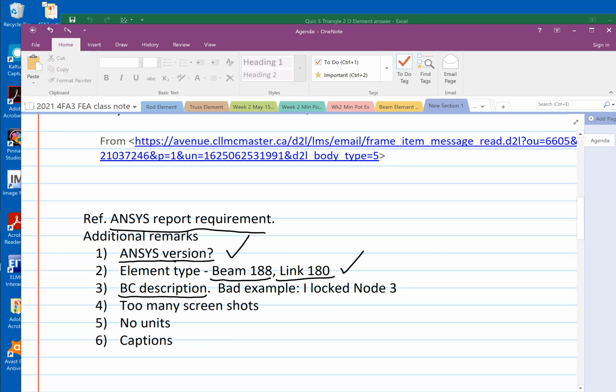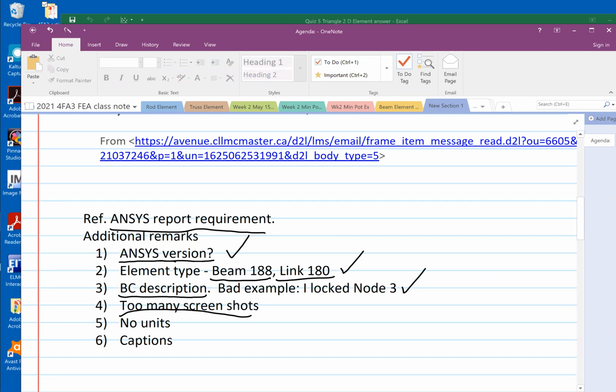Okay, I lock this node, and then talk about it, which is the left-hand most corner of the structure, and then I lock all degrees of freedom, or I let it slide on the x-axis. It's a rolling joint, fixed joint, pin joint, or I lock the moment as well, you know. Okay, talk about your nodes.